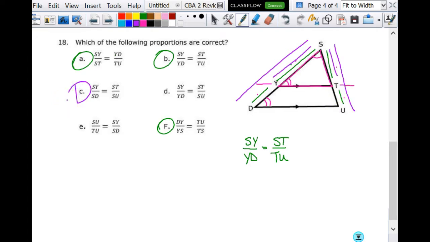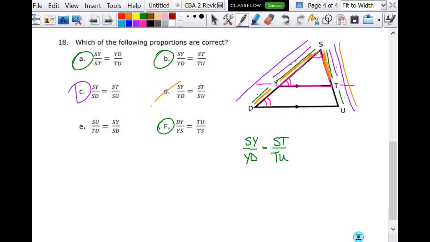So then let's look at D. SY over YD equals ST over SU. Now that one, I don't think so, because I got the piece over piece equals the piece over the whole thing. That is not a consistent proportion.